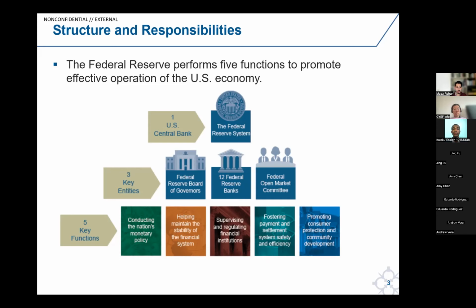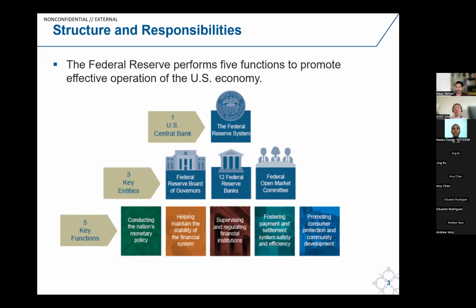So now, 5 main key functions and responsibilities. First is, as we just said, conducting the nation's monetary policy. There's a dual mandate, so a dual responsibility that the FOMC has for monetary policy, which is to promote maximum employment and stable prices in the US economy.